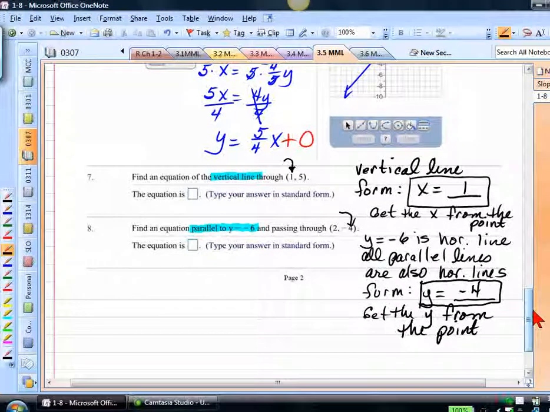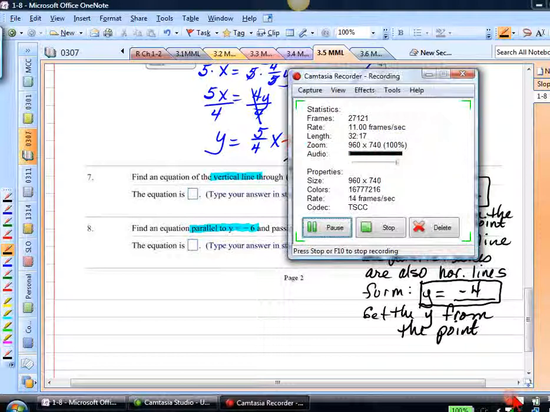Is that okay? That's all the questions from 3.5. Slope and intercept. And then we're going to start 3.6.